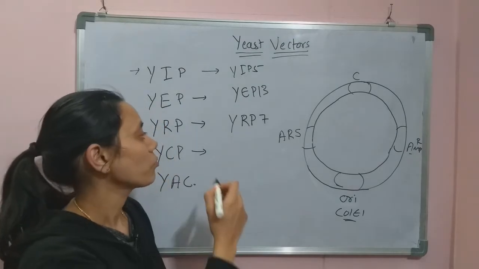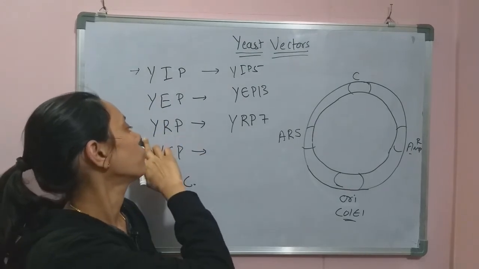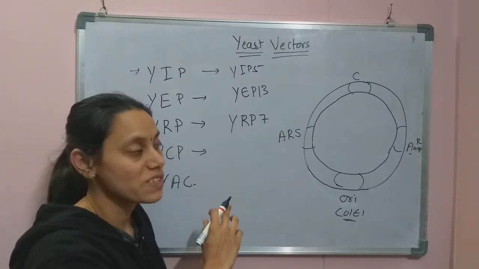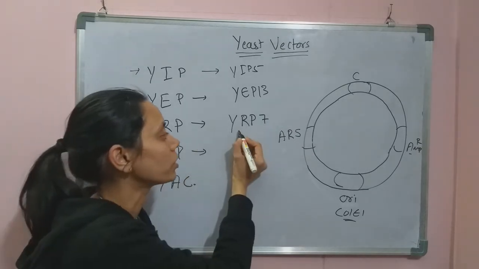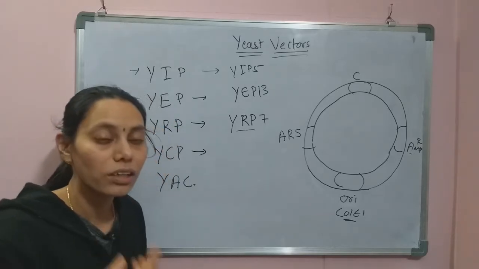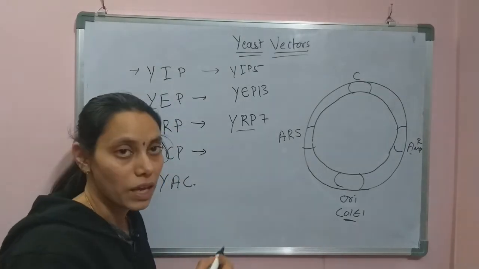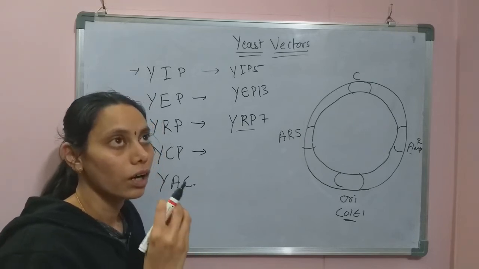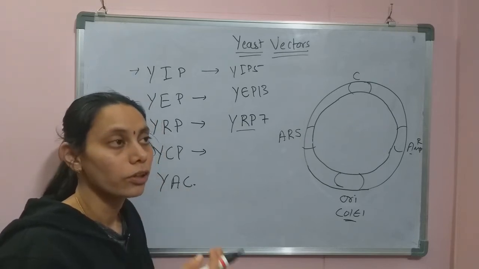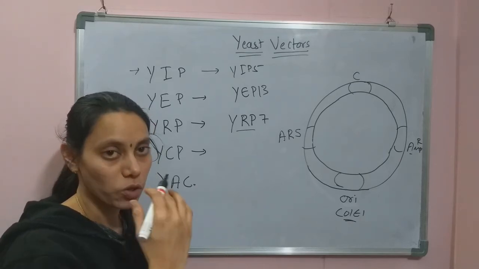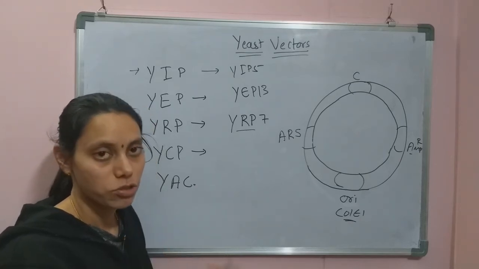So going back to the YRP, the yeast replicative plasmids, these do not have the ability to segregate during mitosis. That means if these yeast replicative plasmids are to be segregated from the mother cell to the daughter cell during cell division, they eventually get lost.